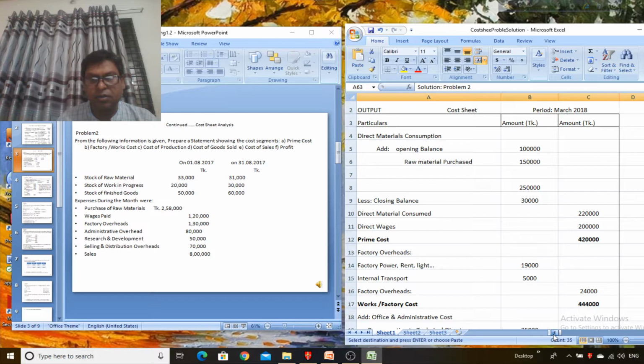So we have to calculate the raw material consumed.